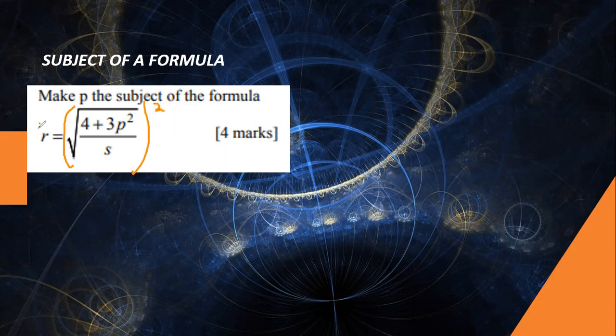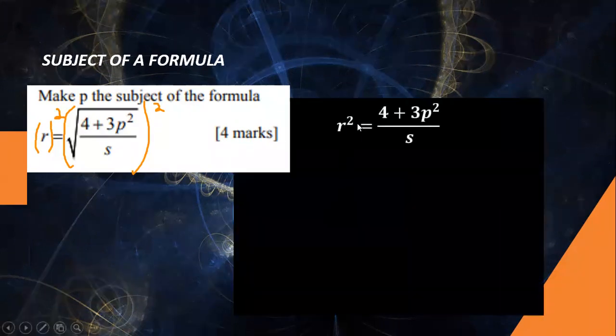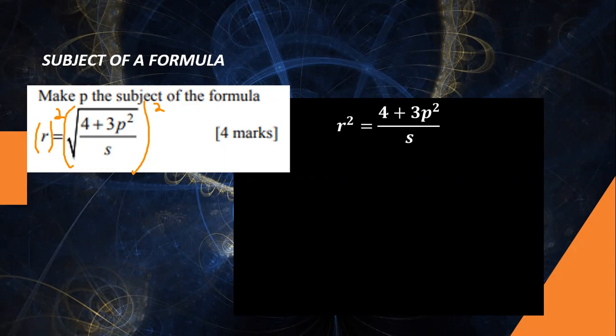And now, if I square the right-hand side, I must square the left-hand side. When you square a square root, you get rid of it. So the result is going to look like this: R squared equals 4 plus 3p squared over s. Any questions there?